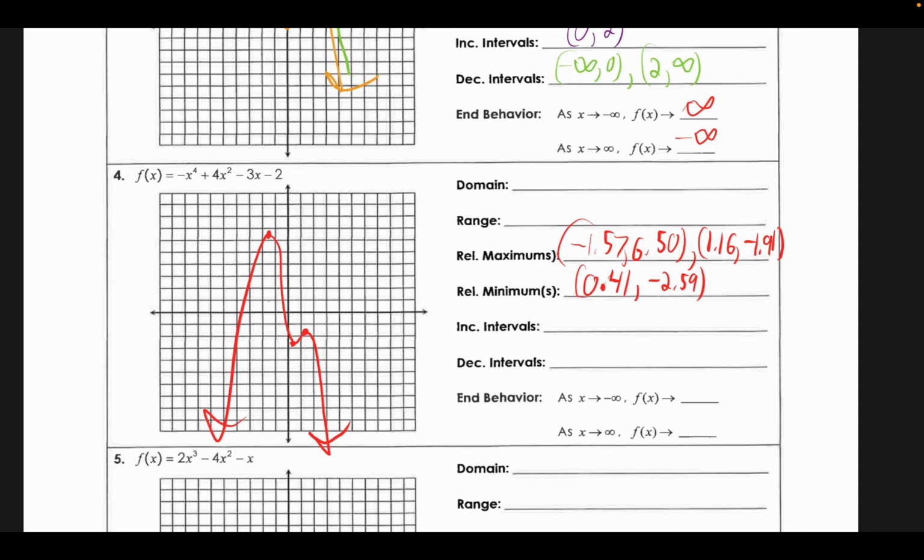And then from there, I can establish my domain and range. Domain is once again all real numbers, so it will be every time, or negative infinity to positive infinity. And the range, it goes down forever, and it goes up to that y value at the maximum, which is 6.5. So that is negative infinity, comma 6.5.